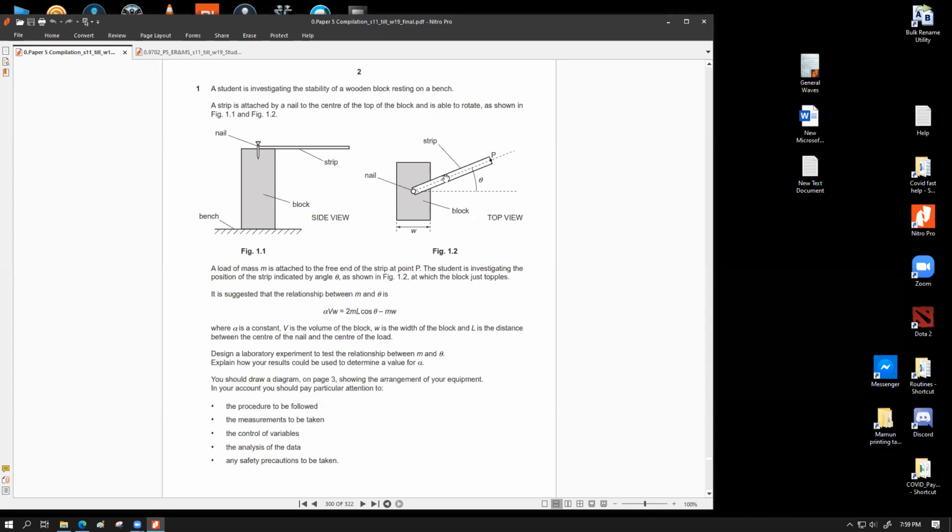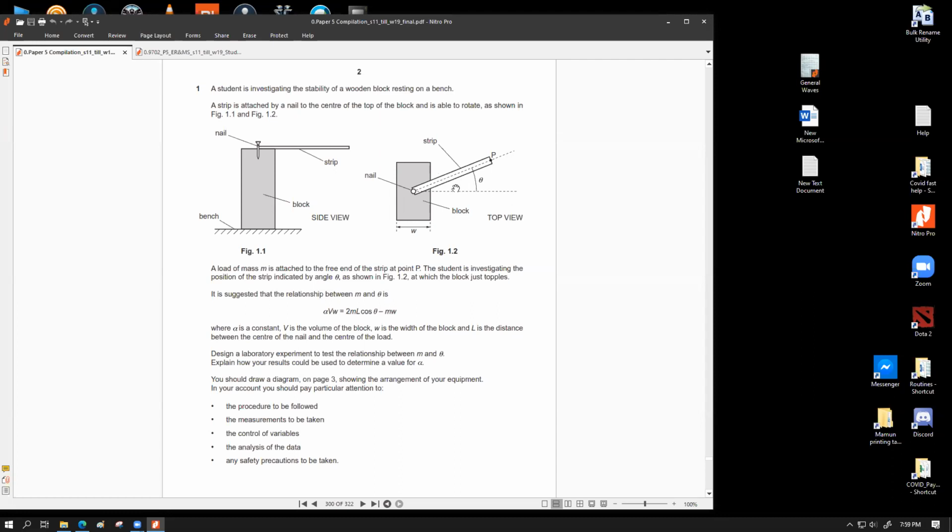Yes, true. So can we mention that, if P aligns, the maximum possible value of theta will be when P aligns with the corner of the block? That's not essentially a very logical choice. I'll tell you what I'm trying to mean.